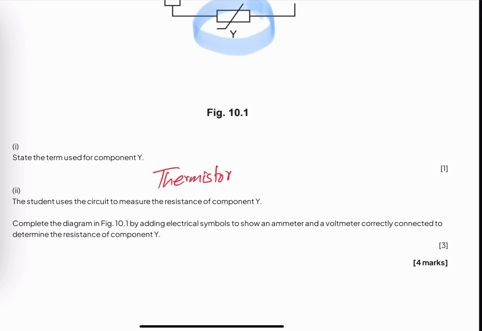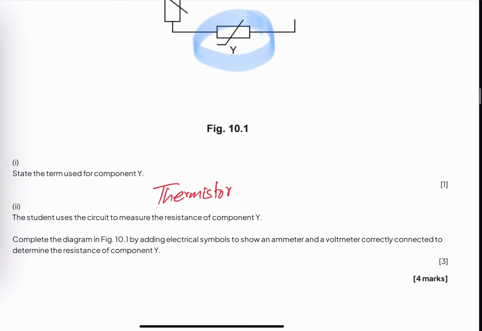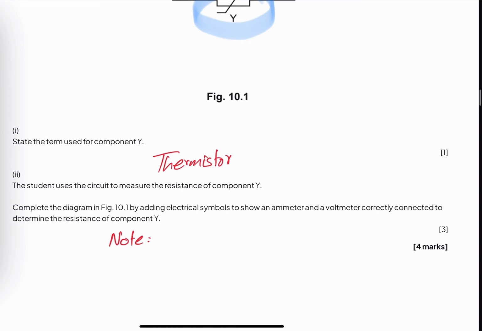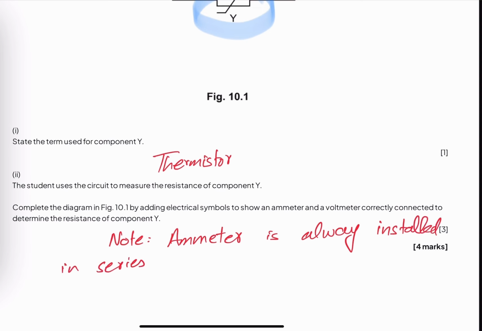Okay, so some points you need to keep in mind. This is not an answer, just a note to remember. Ammeter is always installed in series.